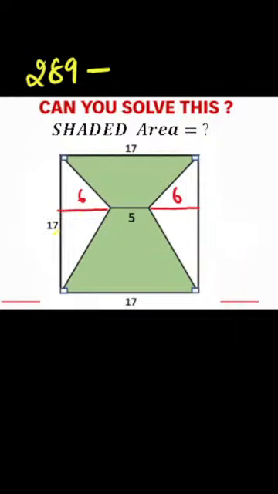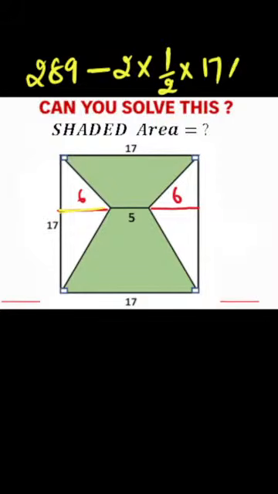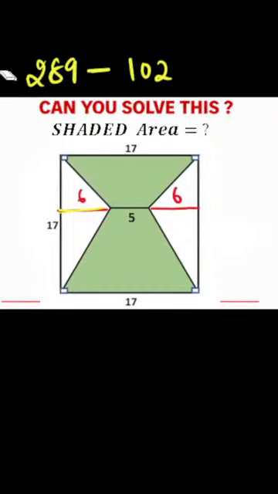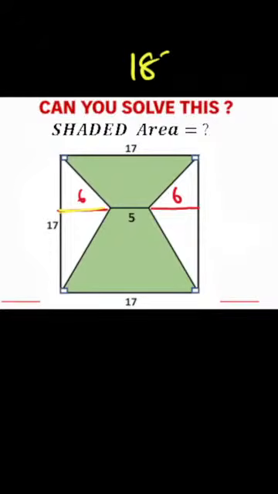Their bases are 17 and the height is 6. The formula for the area of a triangle is half into base into height. Base is 17, height is 6, and the 2 will get cancelled out. 17 into 6 is going to be 102, and on subtraction your answer is going to be 187. 238 is not the right answer.